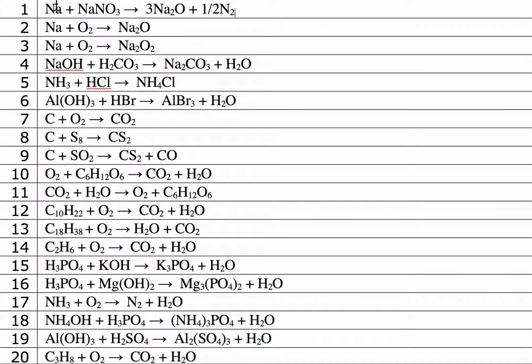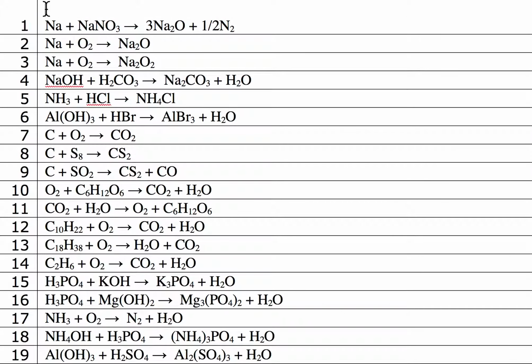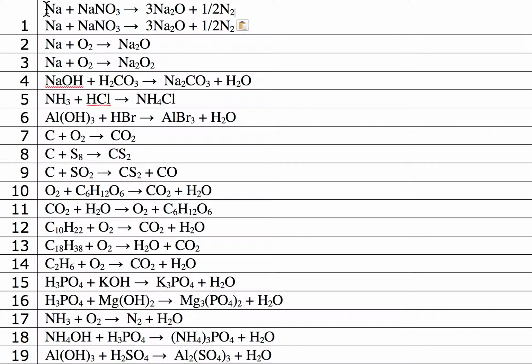Right here, we're just going to put the equation again up on the top, and this time we'll multiply everything by 2. So 2 times 1 is 2, 2 times 1 is 2, 2 times 3 is 6, and 2 times 1/2 is just 1. It's not necessary to put the 1 there, but it does emphasize the fact that it's all balanced at this point.